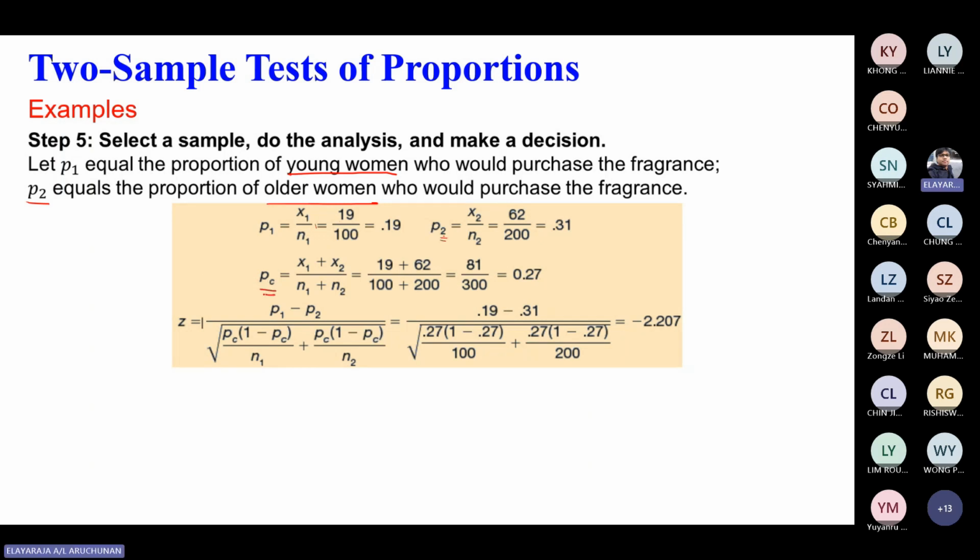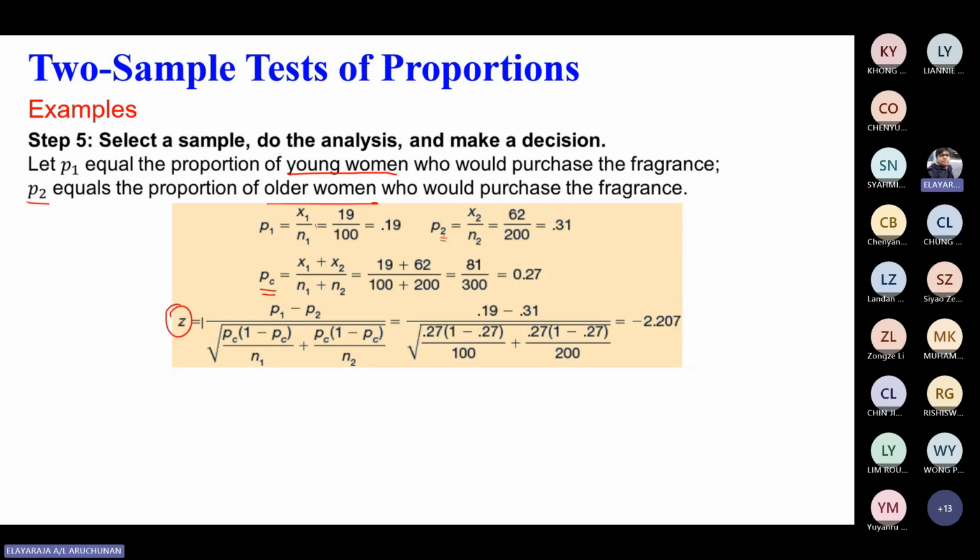Now we get the combined population proportion. We add the two x values together: x1 plus x2, which is 81, over n1 plus n2, which is 300. So we get 0.27, which is PC.